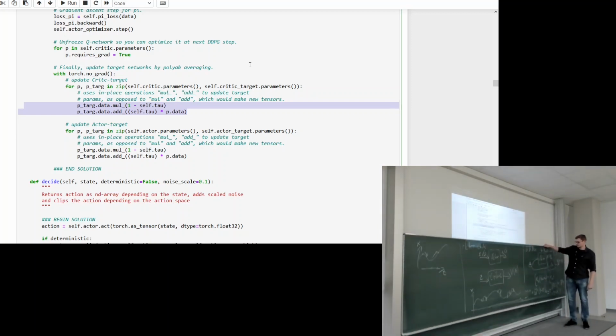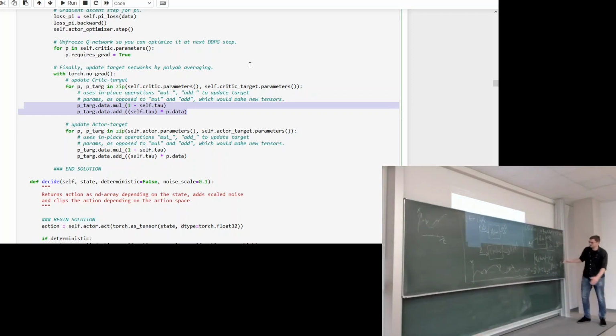So we use most of the old parameters and some of the new parameters, and then get a whole new set of target parameters. And we do that not only for the critic, but also for the actor network, because we need both of them in order to calculate this right-hand side, this target that we need to find the estimation error. Yeah?